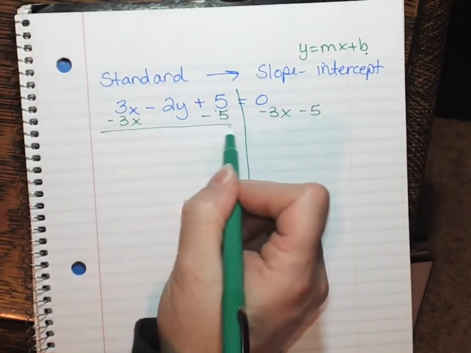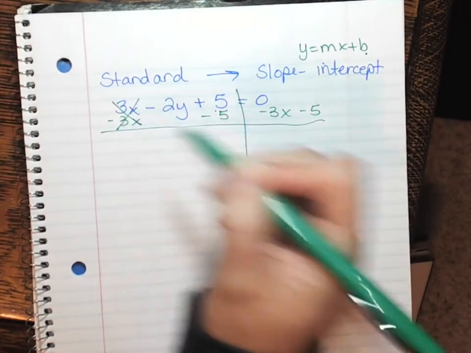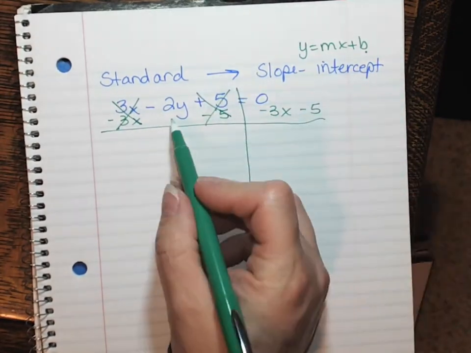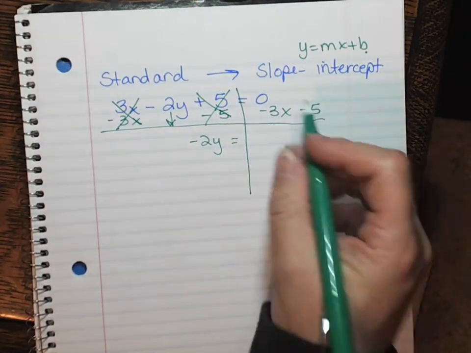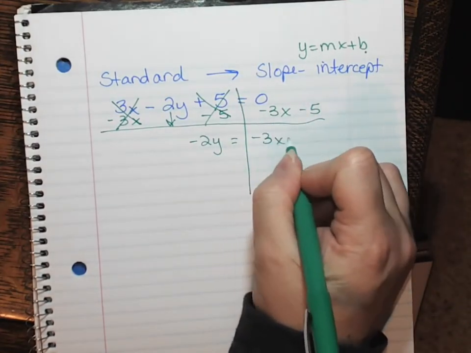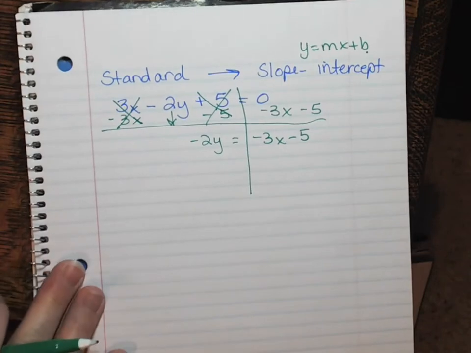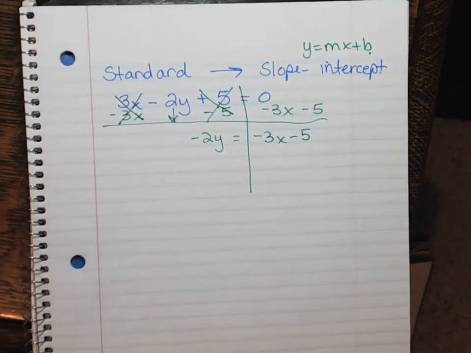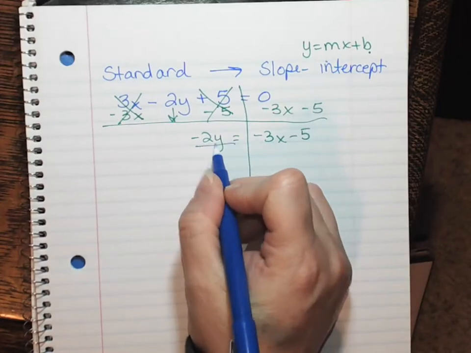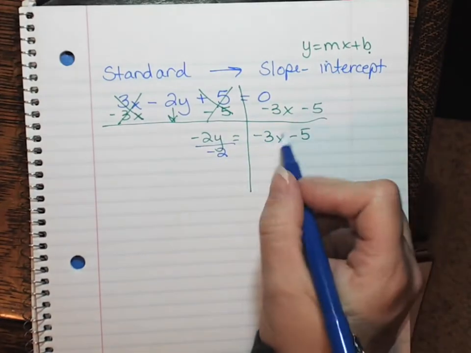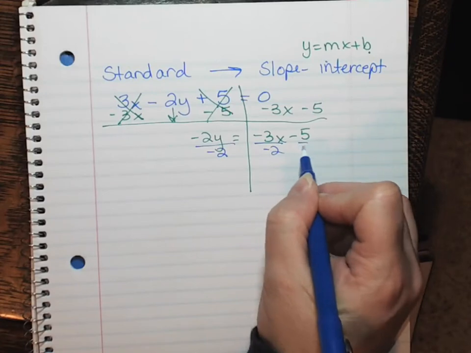Okay, so as I go through here, my 3x's cancel, my 5's cancel. I'm stuck with this negative 2y. I'm going to keep that, and I have negative 3x minus 5. Okay, I'm closer. Now I just need to do that extra step to get the y by itself. So I'm going to divide by negative 2 everywhere.